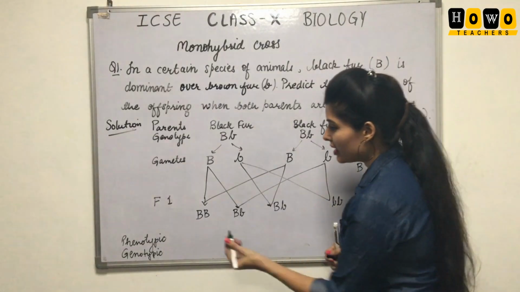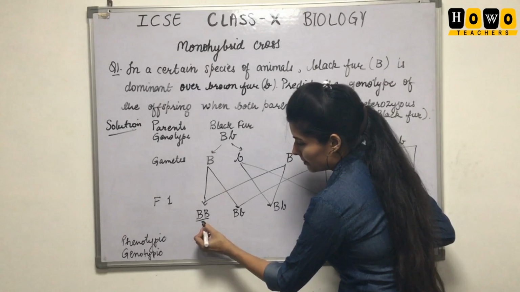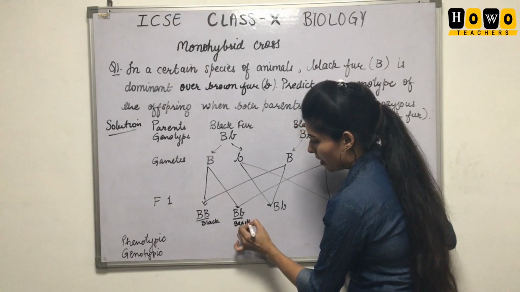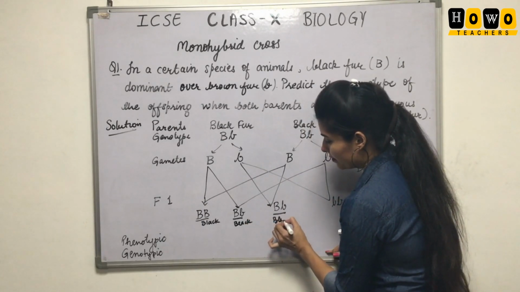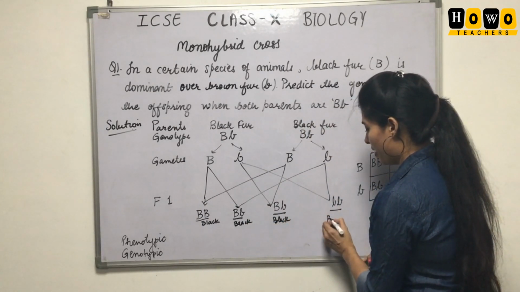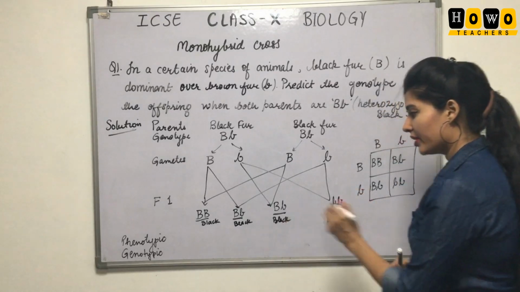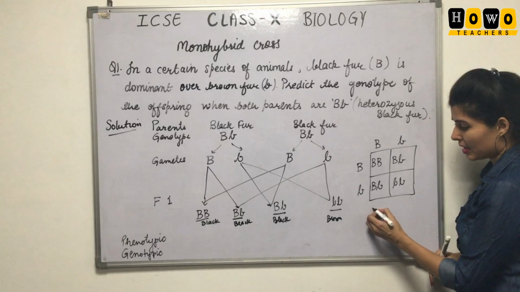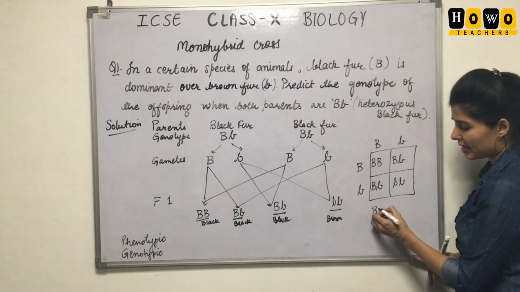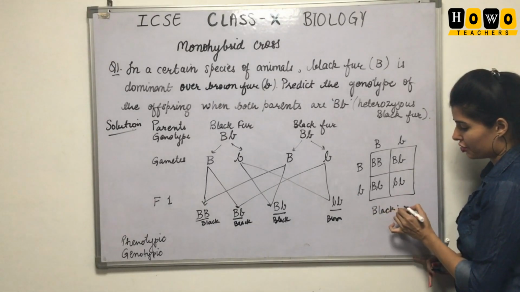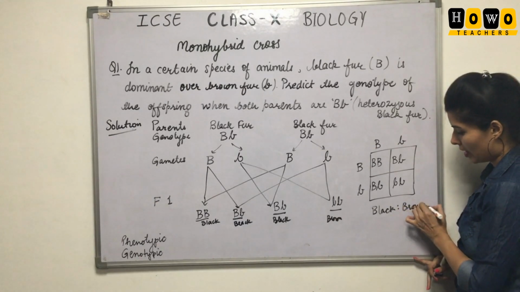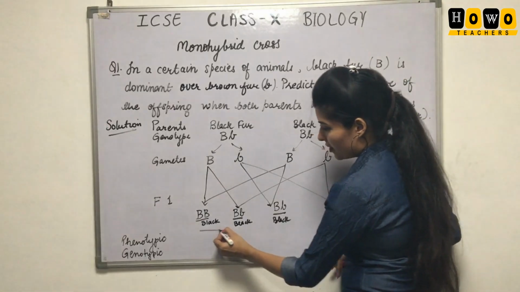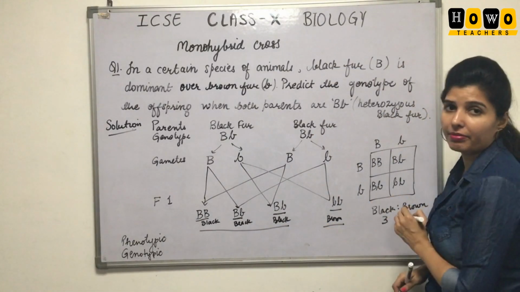See, physically this will be black, this will be black, this will be black, this is going to be brown. So the ratio of their physical appearance that we are getting, black to brown, is 3:1. Why? Because 3 are black and 1 is brown.